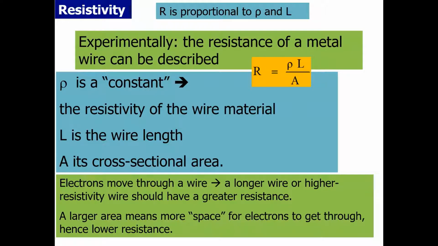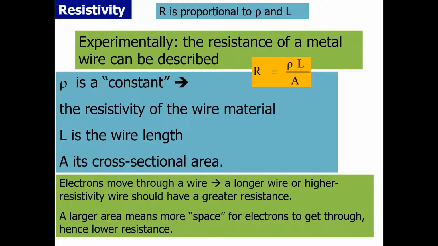So let's have a look at the proportionality. From the equation, R is equal to rho times L divided by A, we can see that the resistance is proportional to the resistivity. So the higher the resistivity, the higher the resistance of the wire. Also, the resistance is proportional to the length. So the longer the length, the higher the resistance.